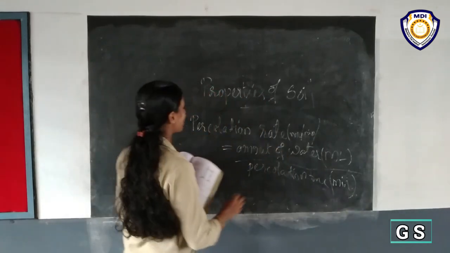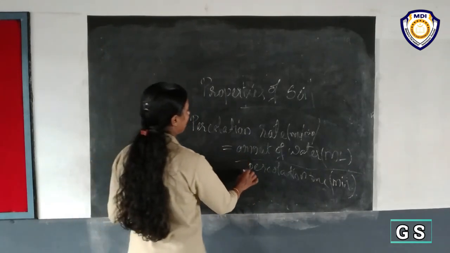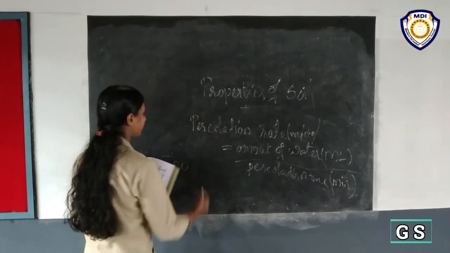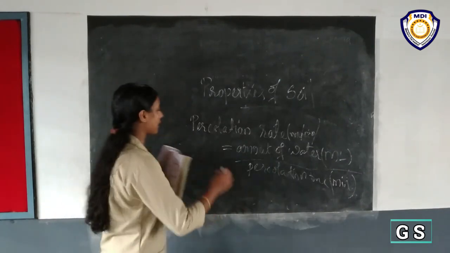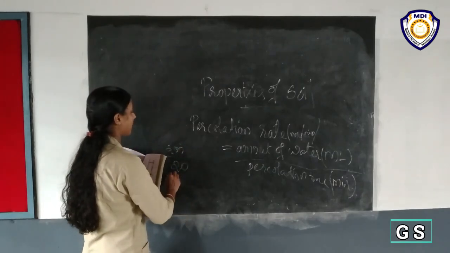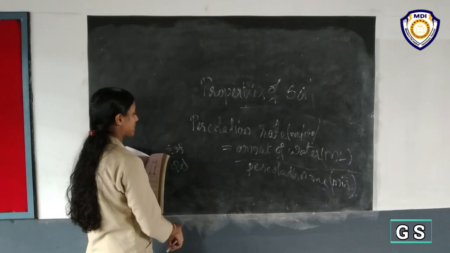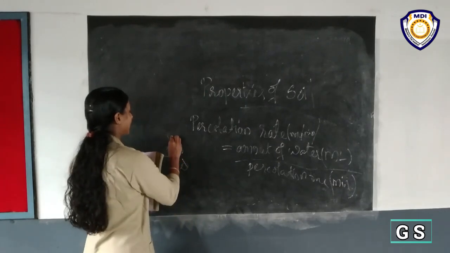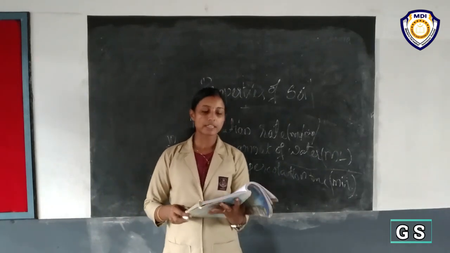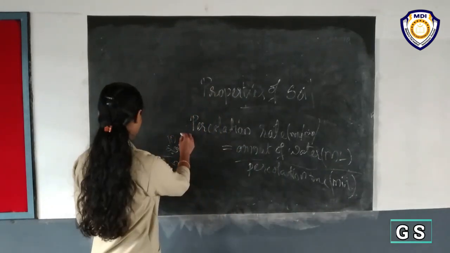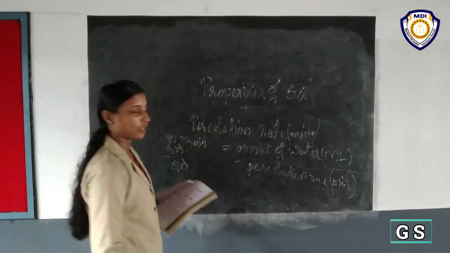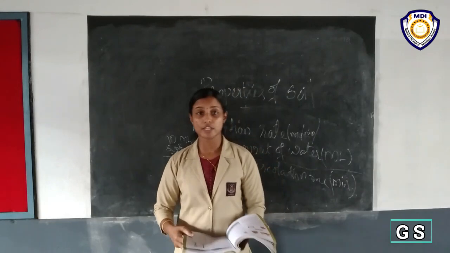So the percolation time is 20 minutes, and 200 ml water. So that is 200 divided by 20. So what will be the percolation rate? It will be 10. Okay. So the rate of percolation will be 10 ml per minute.